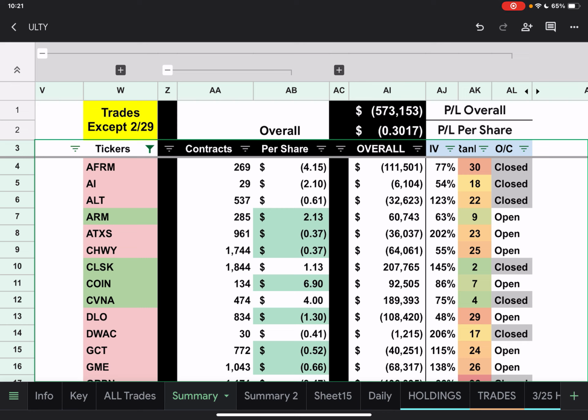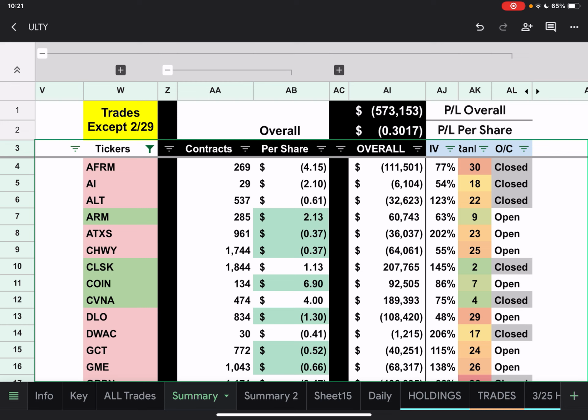So I did that here, so you can see by each one per share, because I got to thinking, yes, you can see the overall number, but if you don't know how many contracts, how is it comparable? When we do these things, we like to be able to compare them to each other. Like, how well did AFRM do compared to AI?